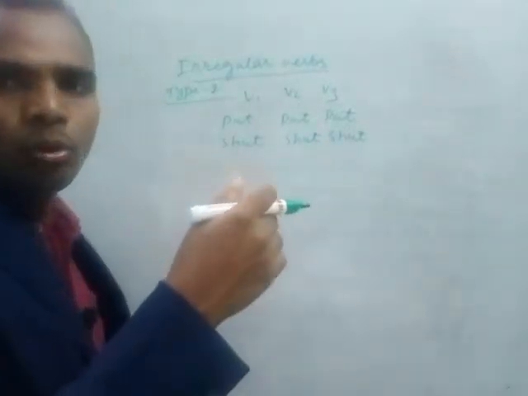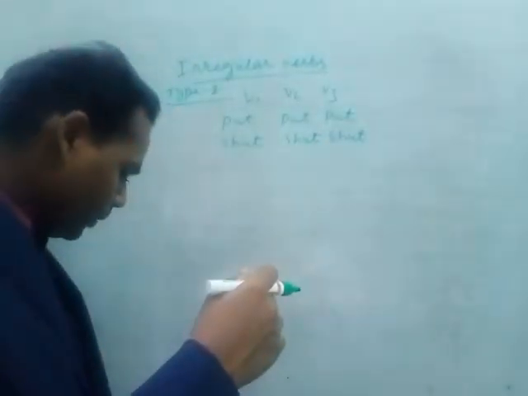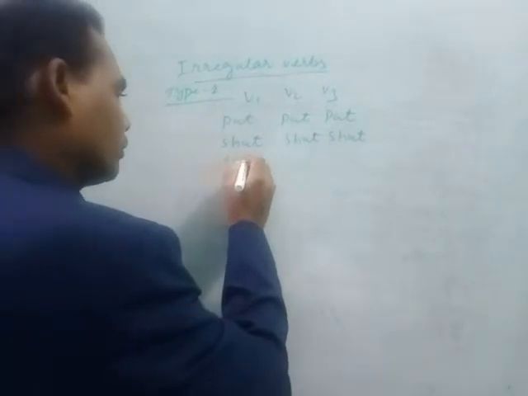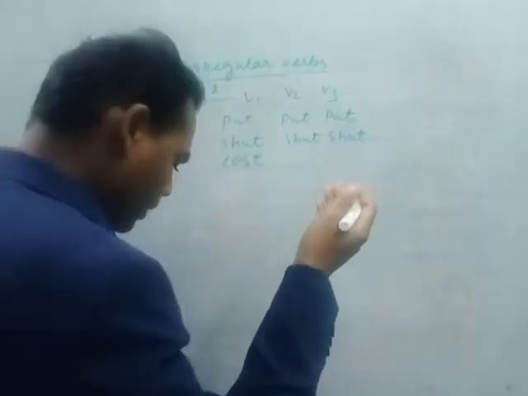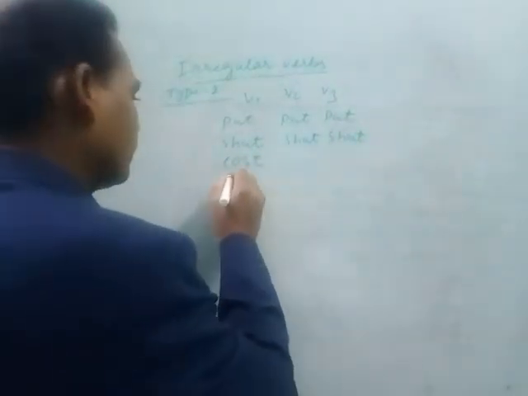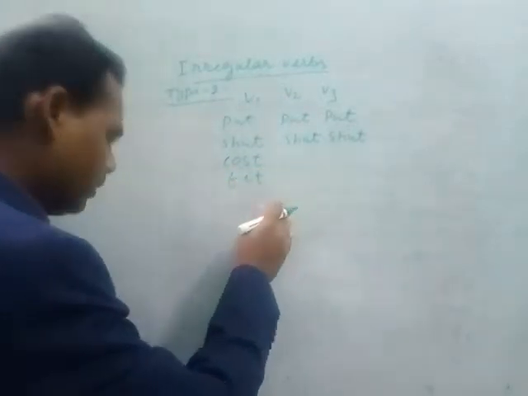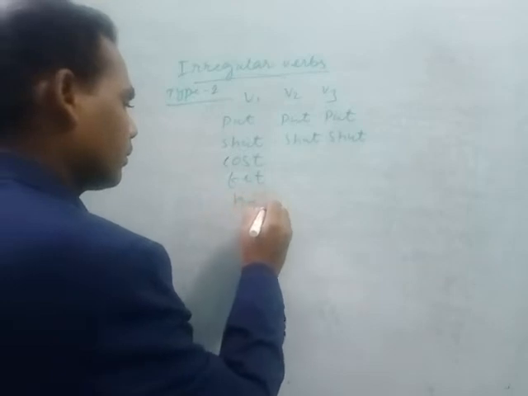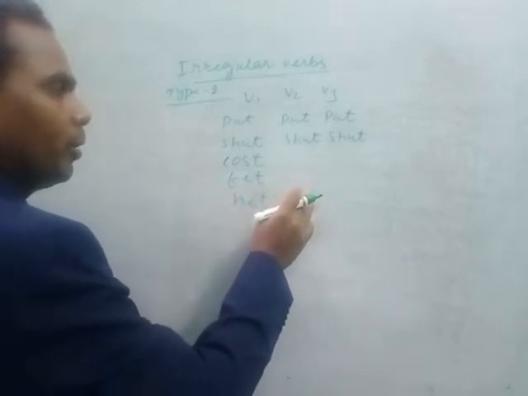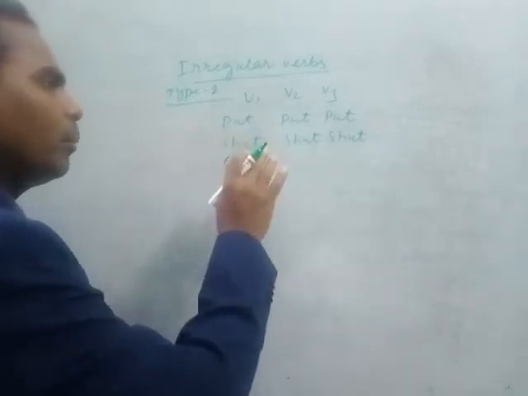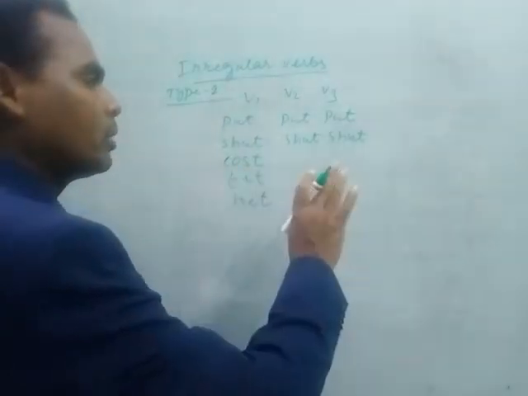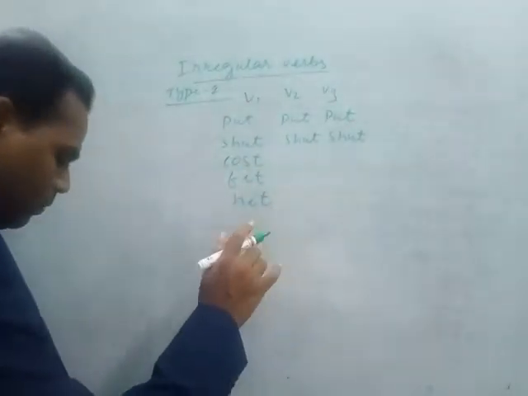You have to know them automatically. Cost, same thing. Then fit, same thing. Hit, the second form and third form are the same. So in type 1, all 3 forms are the same.